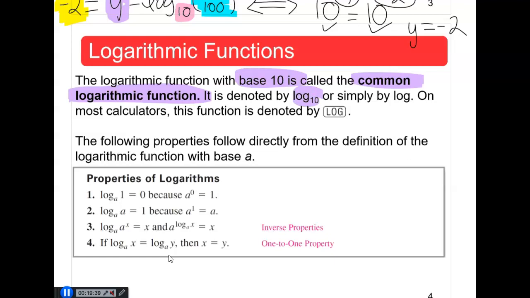On your calculator, it will just say log. So if you have your calculator around, look for that key. You will see the key log for most calculators, and then you will have 10 to the power x on top as your second function. Other calculators may have the key of 10 to the power x, and then with a different color, they will say log.